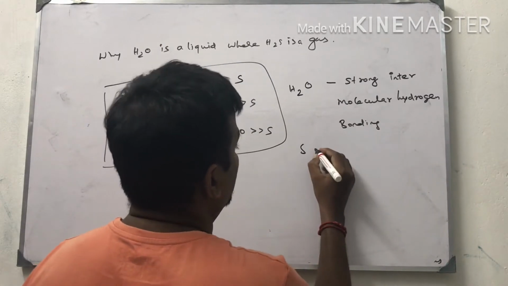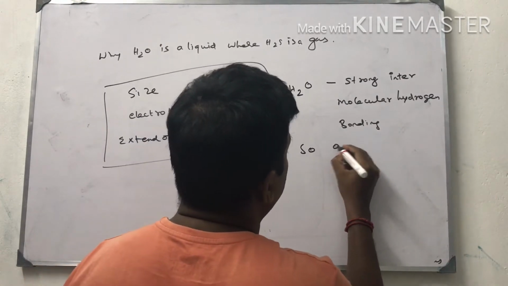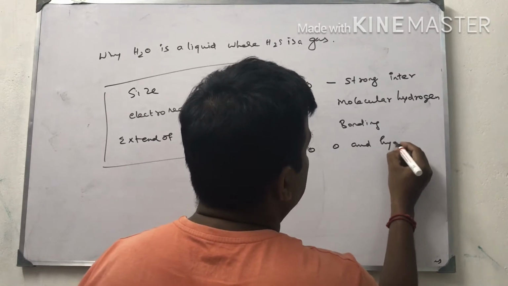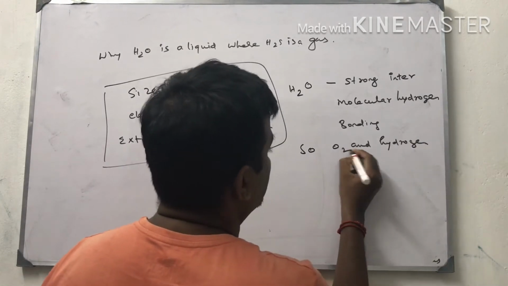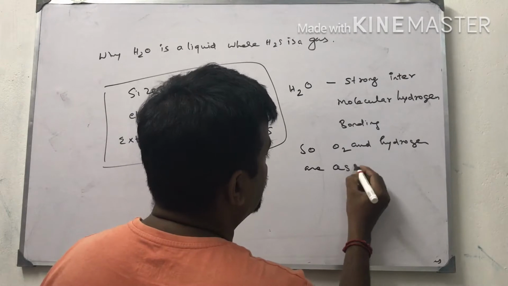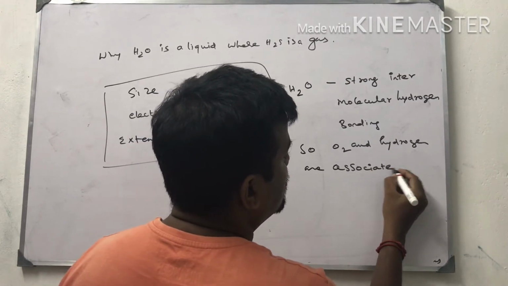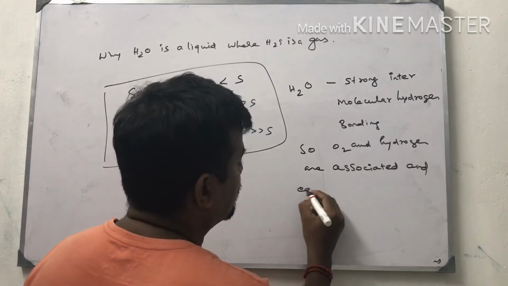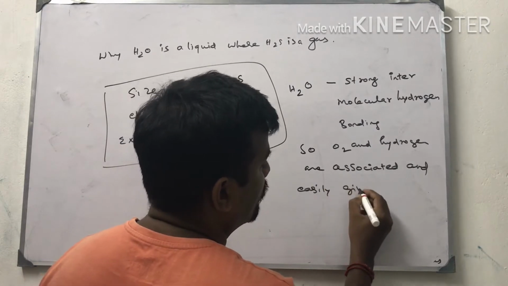So all the oxygen and hydrogen are associated, and it easily gives water.